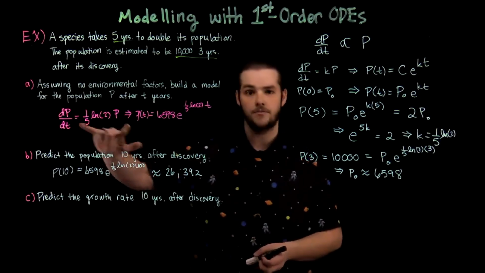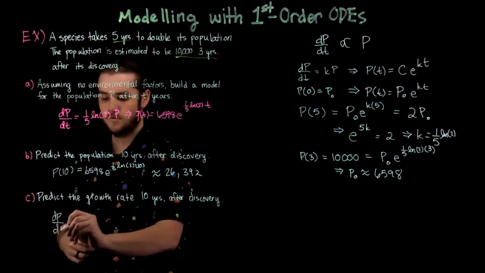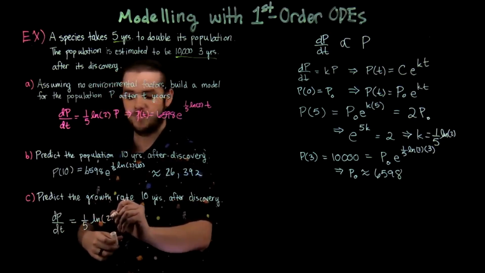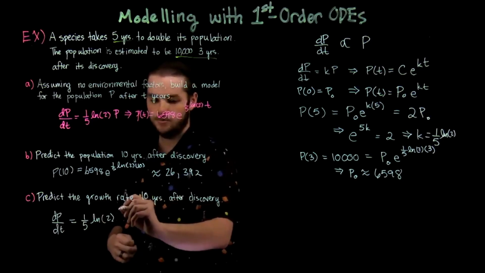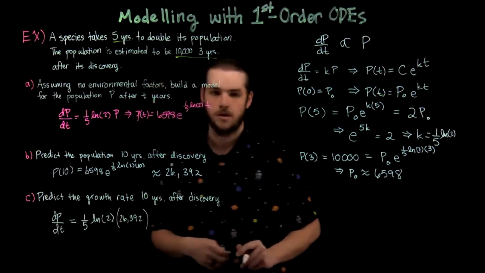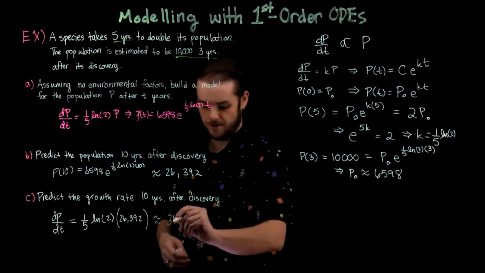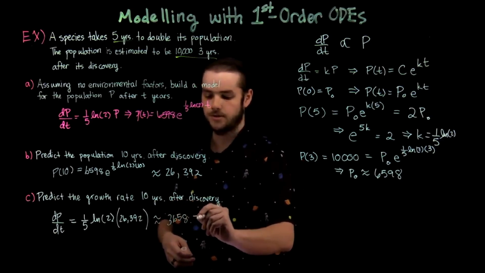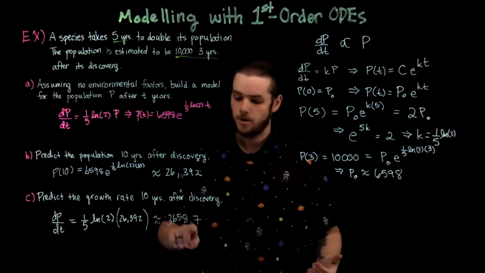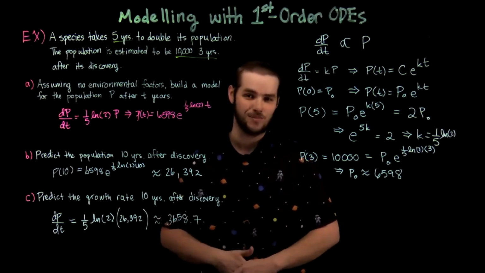I can use the other part of this model, that dP/dt is 1/5 natural log of 2 times P, where the population at 10 years we just found to be 26,392, to predict the growth rate. This tells me it's about 3658.7. Or in other words, 10 years from its discovery, the population will be growing by 3,658 and some change members each year.